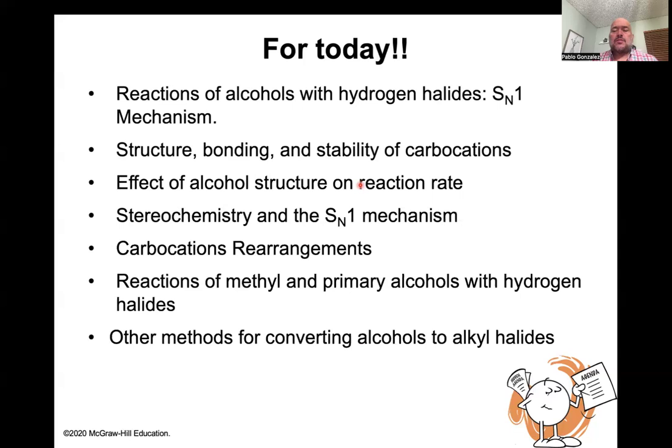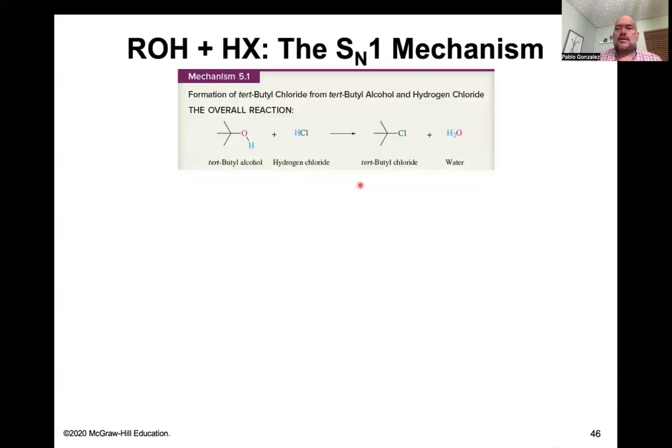Then we're going to talk a little bit about other ways that we can create those alkyl halides other than with hydrogen halides. And finally, we're going to talk about sulfonates as alkyl halide surrogates.